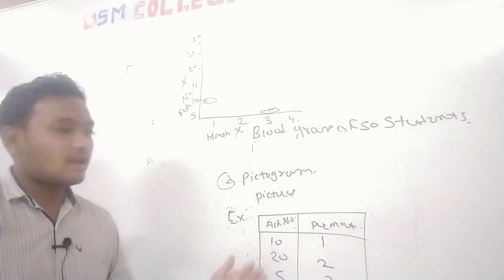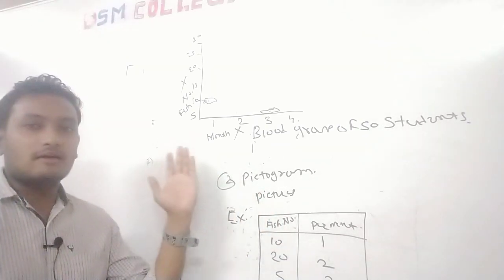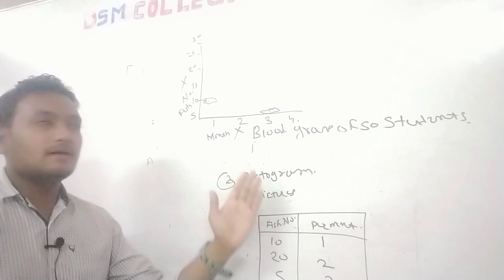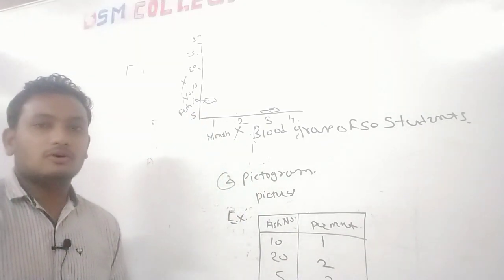Simply, the given values are converted into diagrams in the graph. So it is known as a pictogram.